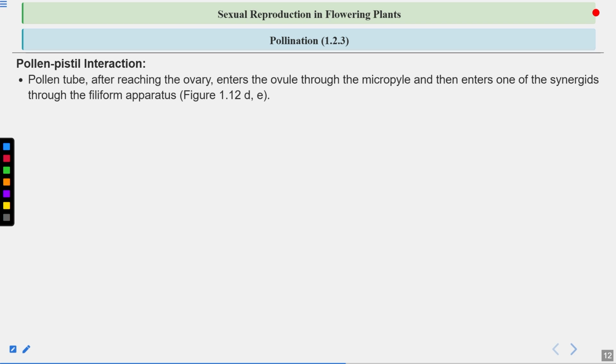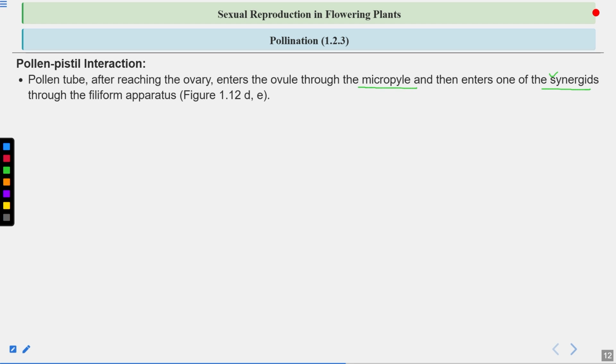See, this particular line is very important. The pollen tube, after reaching the ovary, enters the ovule through the micropyle and then enters one of the synergids through the filiform apparatus. So two things you must remember here. The micropylar pore is there so that the pollen tube could enter through this point and enter one of the synergids when it reaches the embryo sac level. Actually, there are two synergids, so it can enter either one.